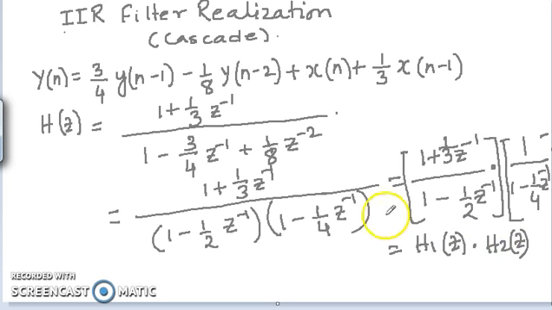Understood? So what I have told you earlier is that in cascaded form we are doing nothing except breaking the transfer function into different split forms, and we are going to multiply each of them. So that we have done. We have broken H(z) into two parts, H1(z) and H2(z).